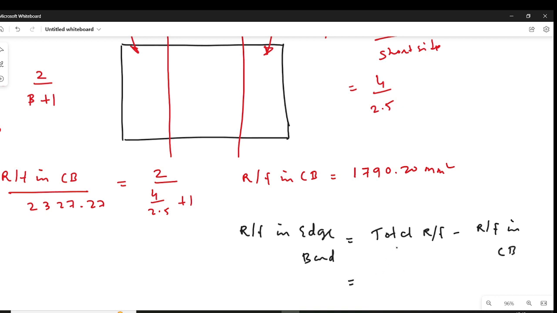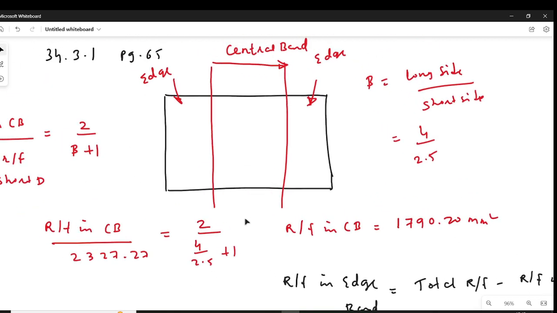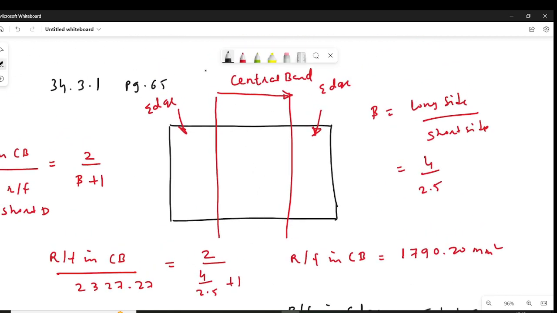You know the total reinforcement, and you have calculated the reinforcement in the central band. This comes to 537.07 mm square.